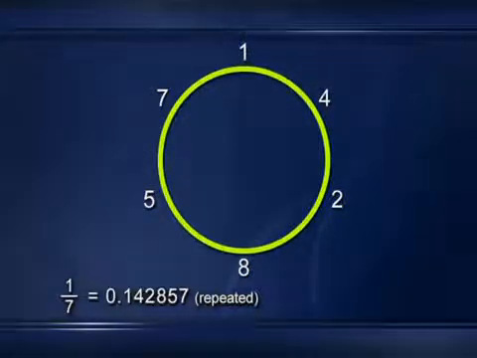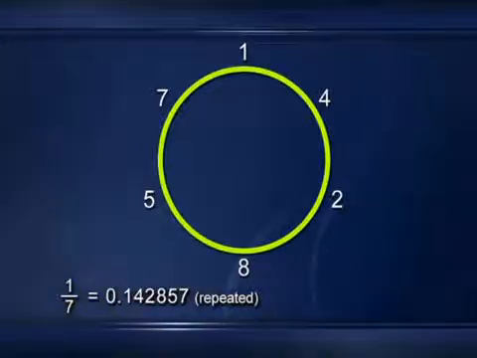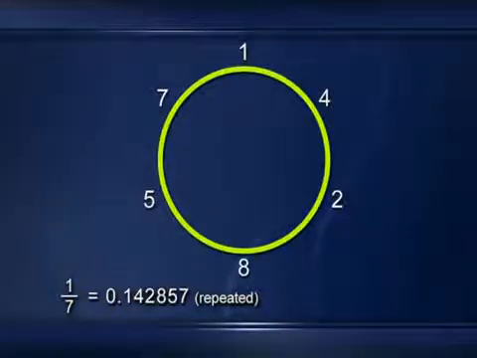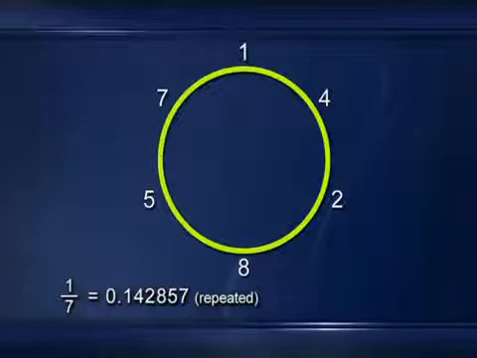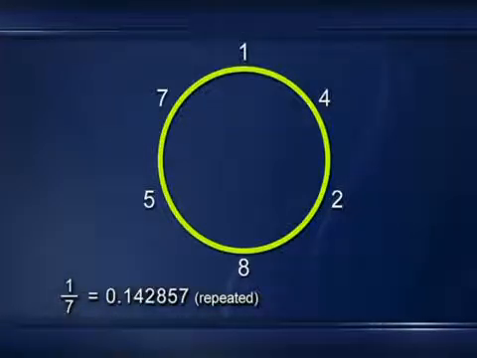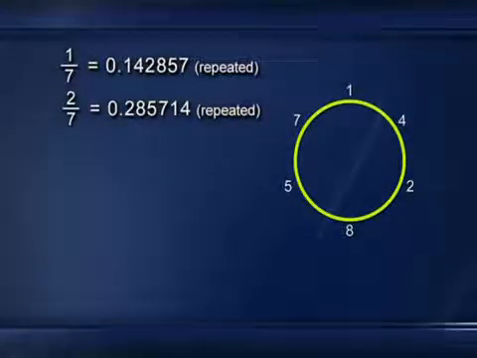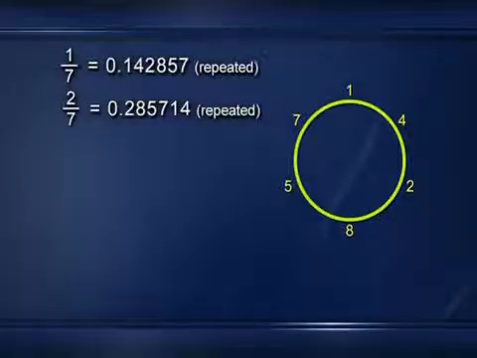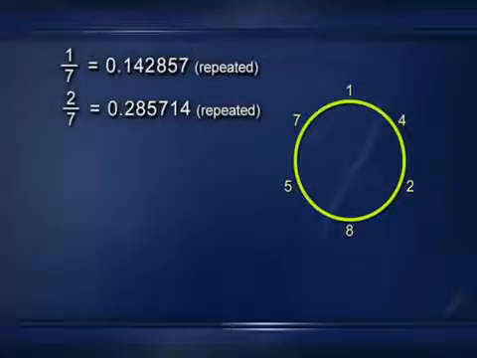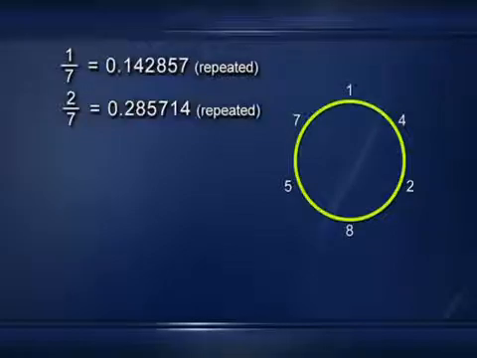What's cool is that once you know this fraction, you know all the other sevenths fractions too, right? So looking at our circle of 142857, check this out. 2/7 is going to start with the 2 and then go around the circle forever. It's 0.285714 repeated.